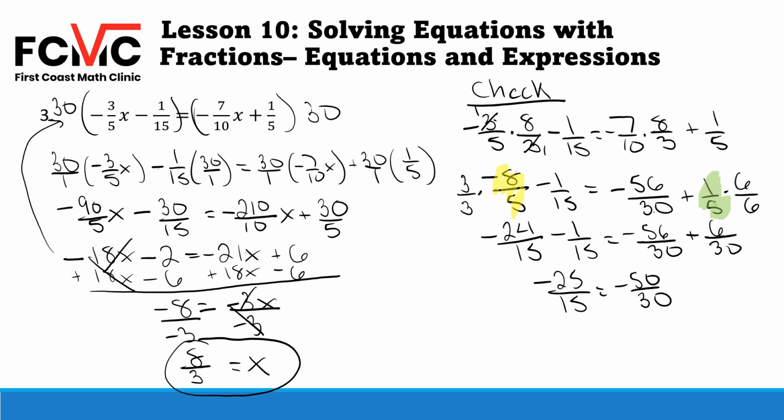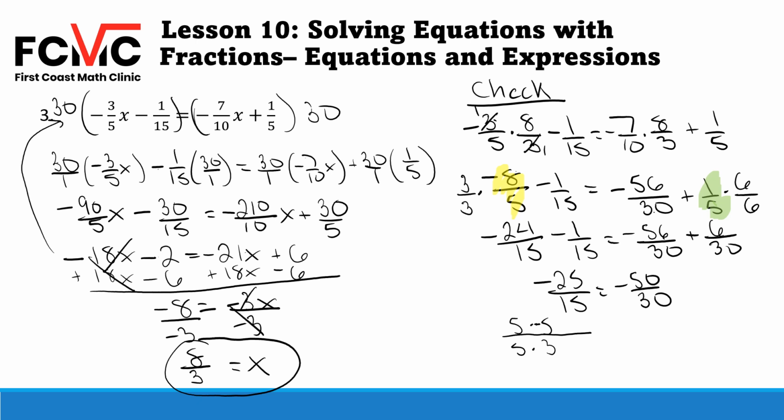And let's just simplify our left and right side to make sure that these fractions are equal. So I'm going to factor out a 5. So 25 over 15 is equal to 5 times 5 over 5 times 3. I'll keep the negative so we keep that negative sign.